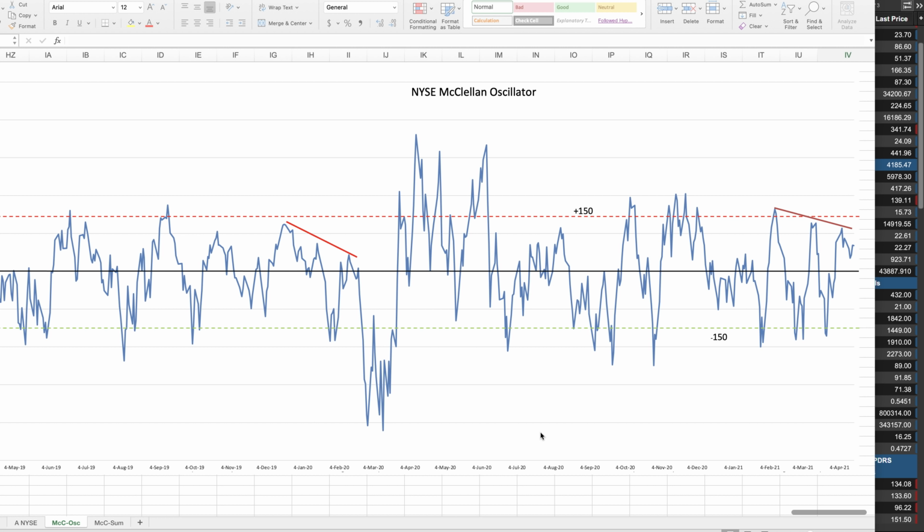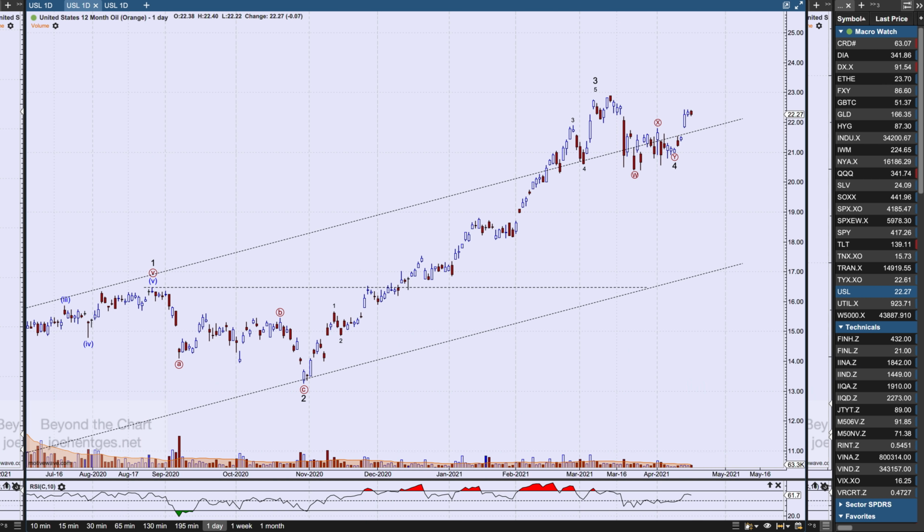All right, now I want to take a look at oil. West Texas Intermediate near-term futures closed at $63.07. This is what USL is doing, and I think USL has finished its corrective pattern in here, wave 4.